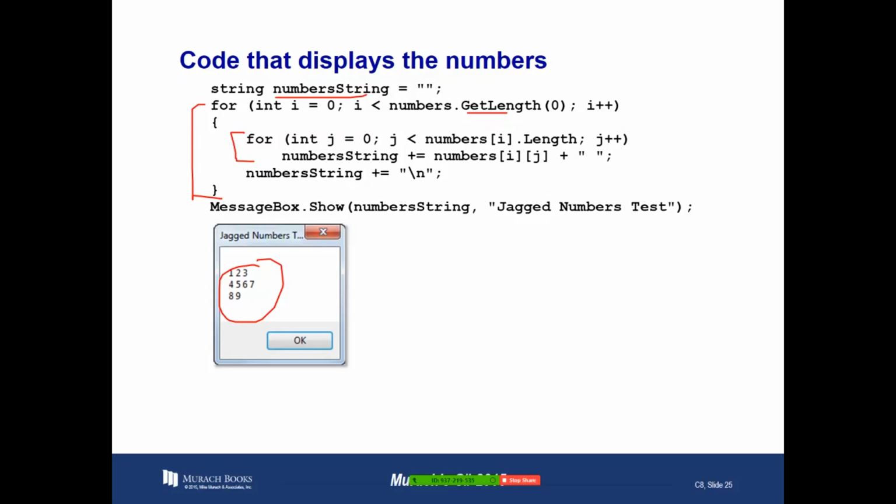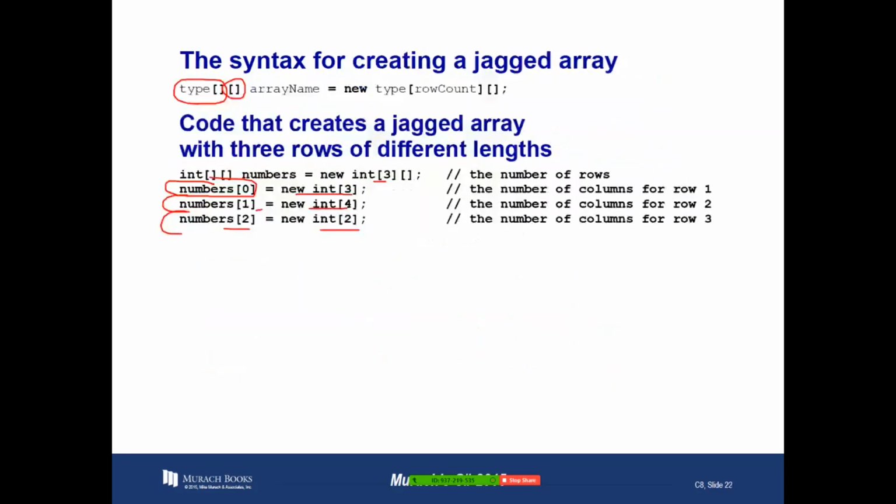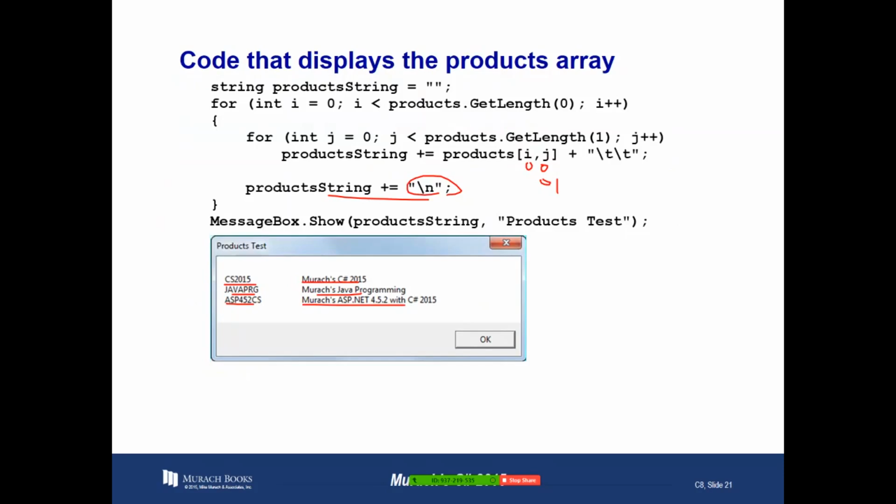So if we want to refer to the number of rows, we use this getLength method, just like we use the getLength method out here for the rows.